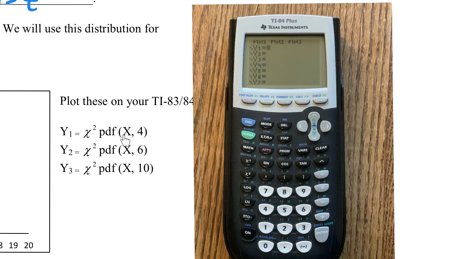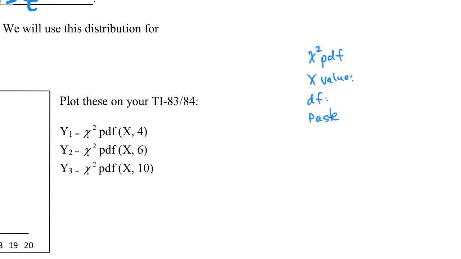And depending on your software, when you go second vars and choose one of these, you may just see chi-square PDF with the open parenthesis, or you may see a couple of questions.